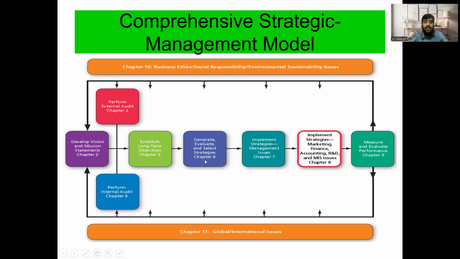Then we develop matrices based on internal factors and external factors. The matching stage of internal strengths and weaknesses with the external threats and opportunities was reflected in the SWOT matrix. If you can recall, the SWOT matrix, SPACE matrix, and IE matrix, internal-external matrix.